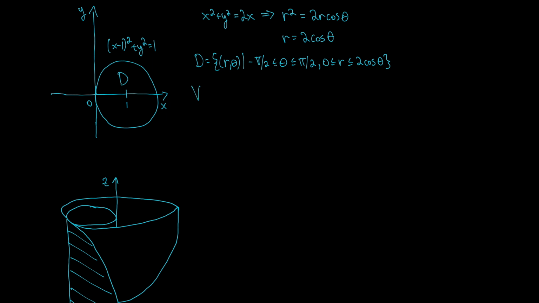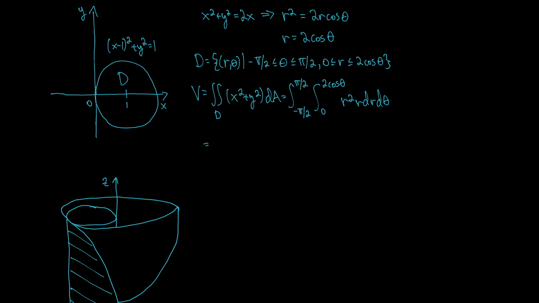And that means that our volume is the double integral over D of x squared plus y squared dA, and that's equal to the integral from minus pi over 2 to pi over 2 of the integral from 0 to 2 cosine theta of, well, x squared plus y squared is just r squared, and then we have our r dr d theta.